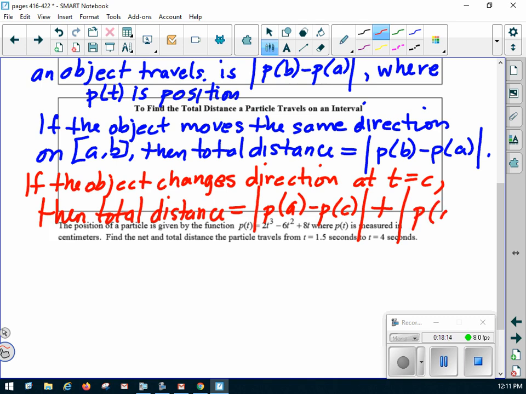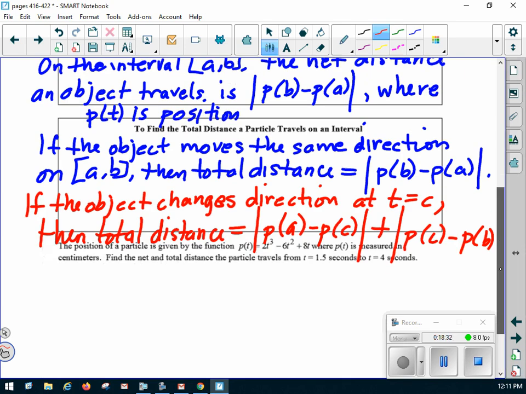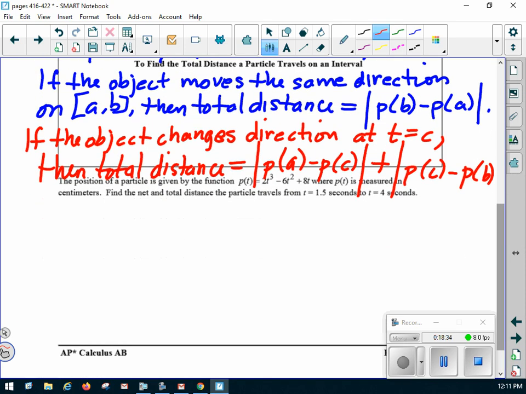Plus home back, P of C minus P of B. There's an absolute value right there at the end of P of B, okay?